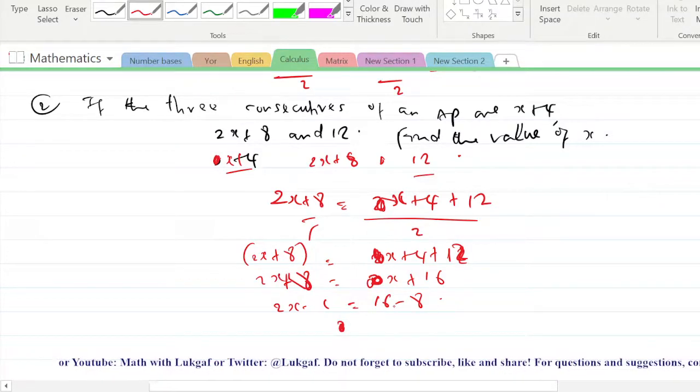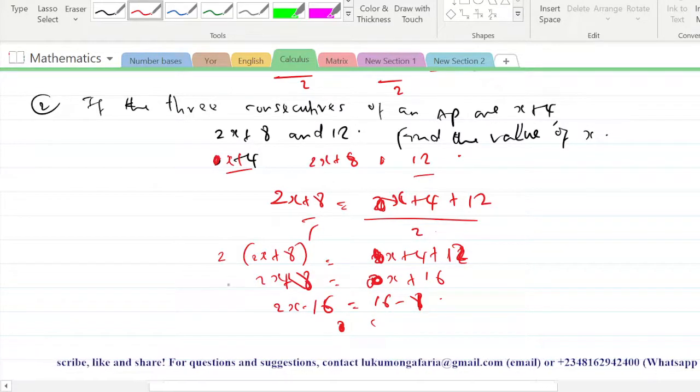Let me check it again. Oh, we've made a mistake. So you have 2x plus 8, x plus 4 plus 12, then we cross multiply. Oh, sorry, this is 16. This is 16 as well, after doing a cross multiplication. Sorry, the marker is really confusing.